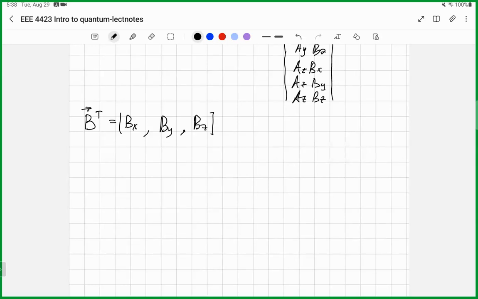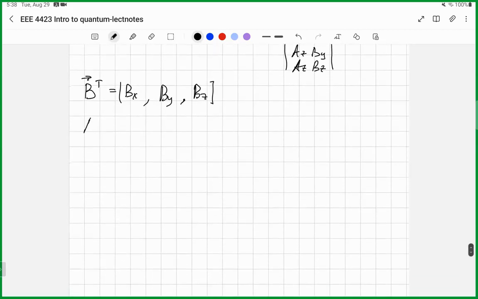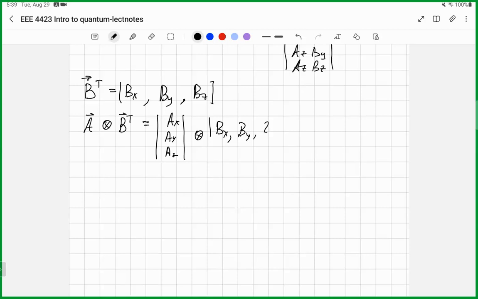And if I take the tensor product of the vector a, tensor product b transposed, let's see what I get, right? Basically, I write the column of ax, ay, az, and then tensor, and for the transposed vector b, I write the row bx, by, bz, right?